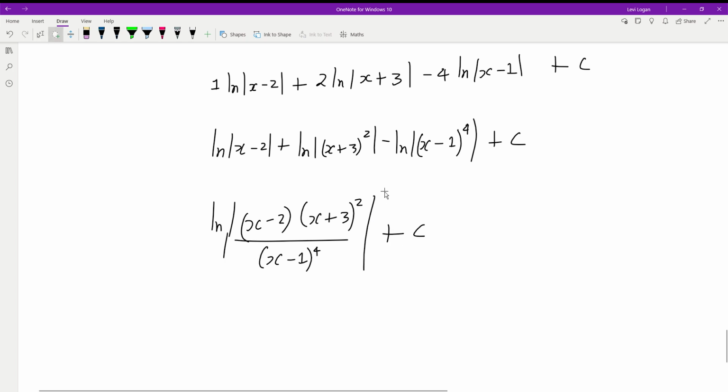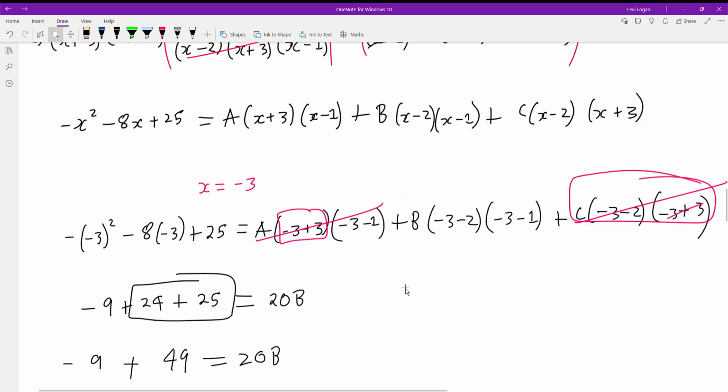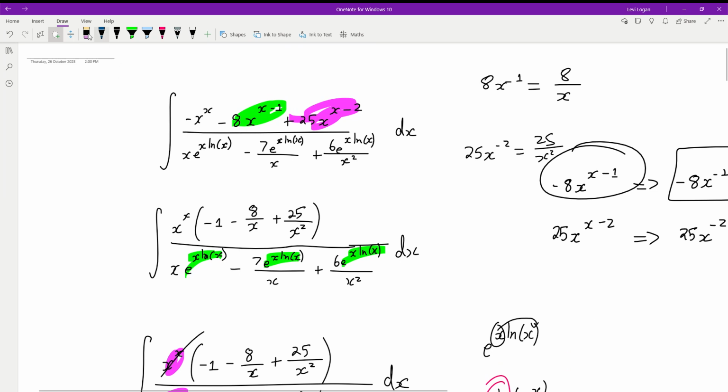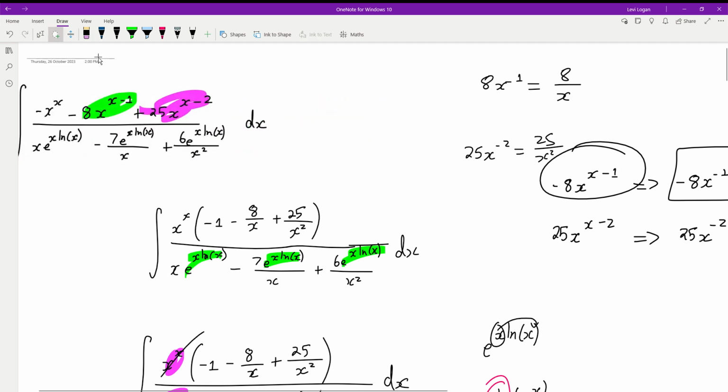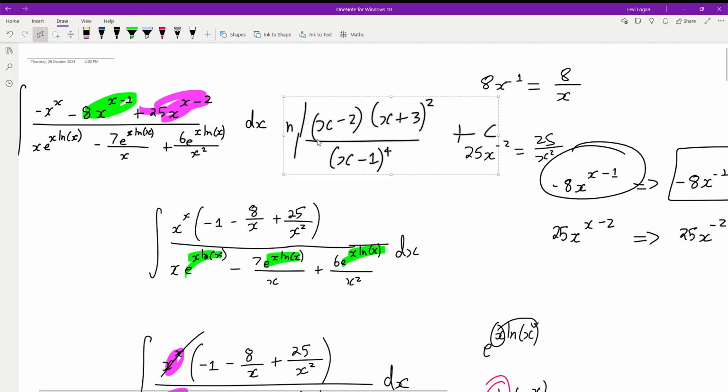So in hindsight, this guy is our integral from all the way up here. So now move this guy to the side and we can attach a value to that. Oh god, that's messy. Let's move that out of the way.